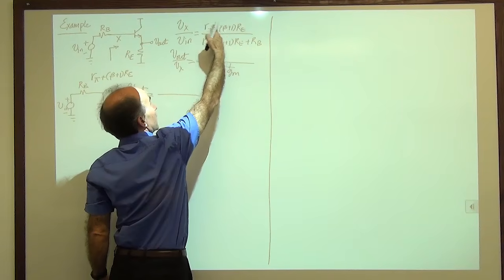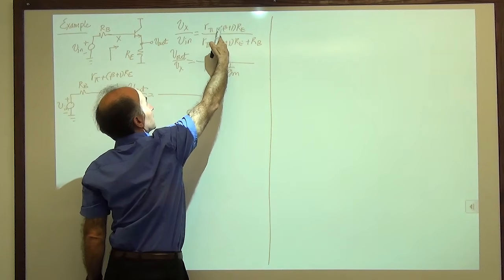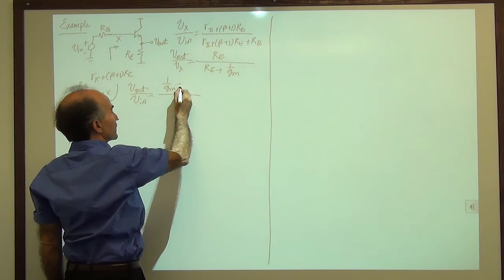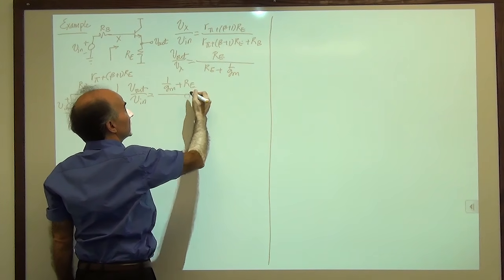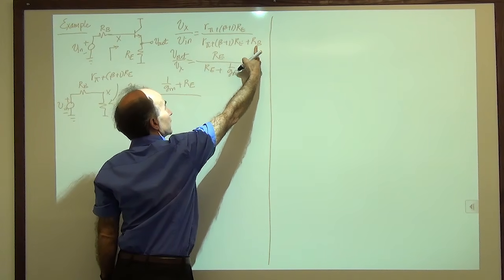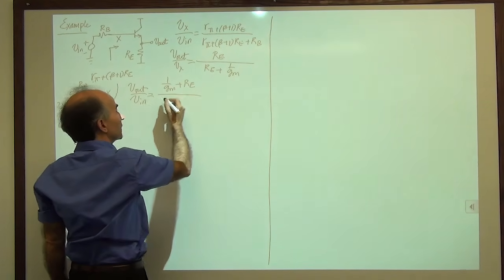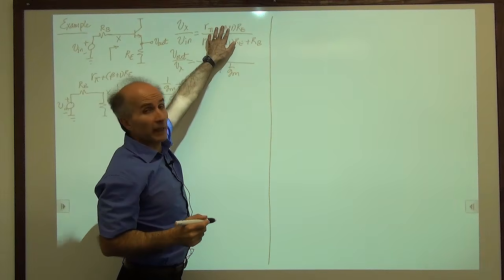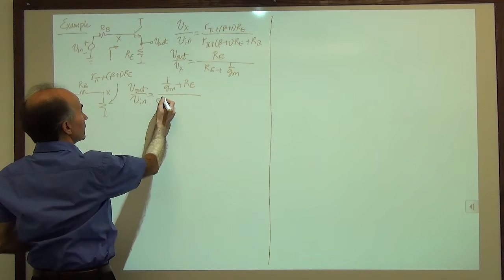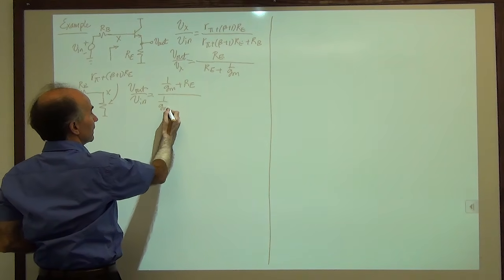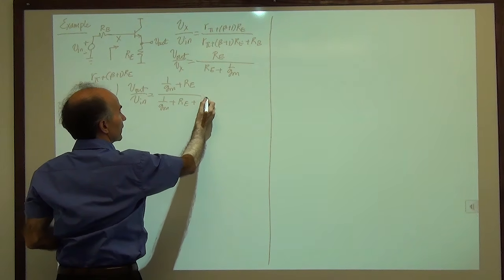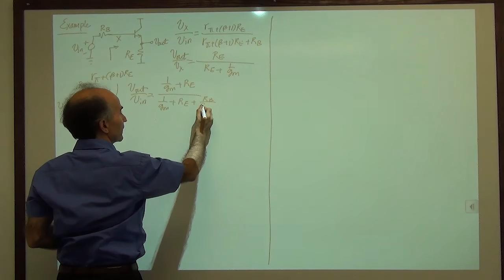If I factor this out, I have 1 over Gm plus Re, and then here I have 1 over Gm plus Re plus Rb over beta plus 1. I am factoring beta plus 1 out from the numerator and the denominator. So 1 over Gm plus Re plus Rb over beta plus 1.